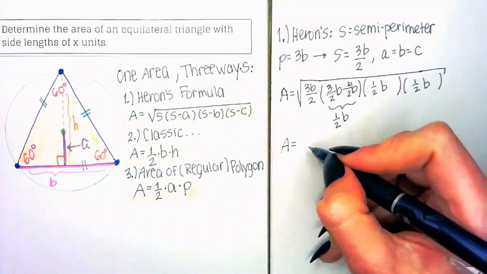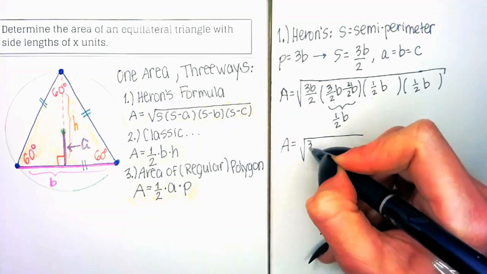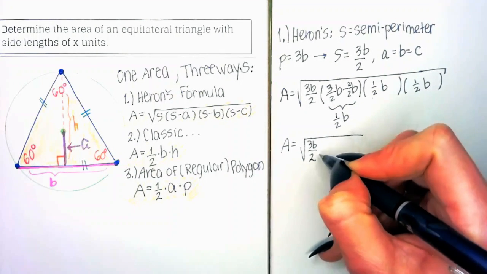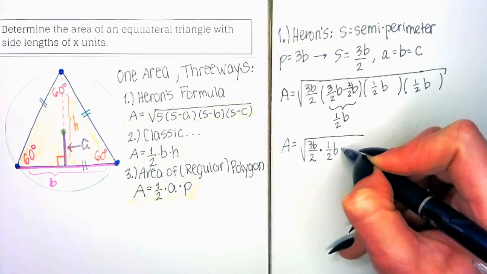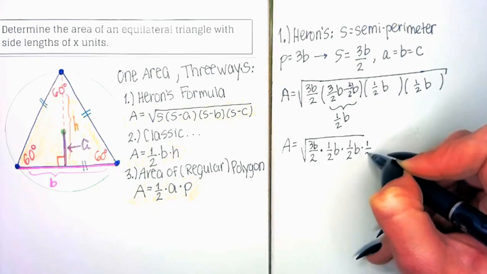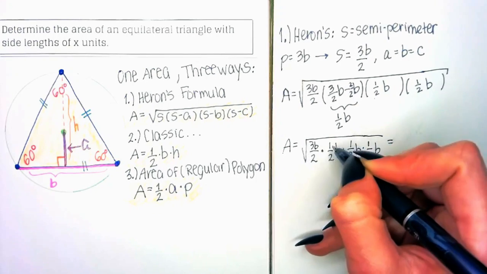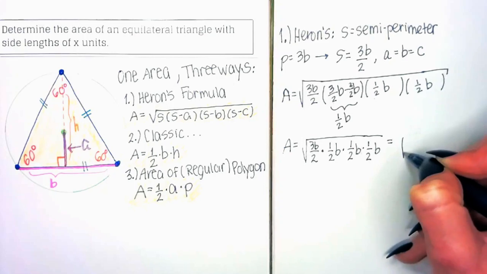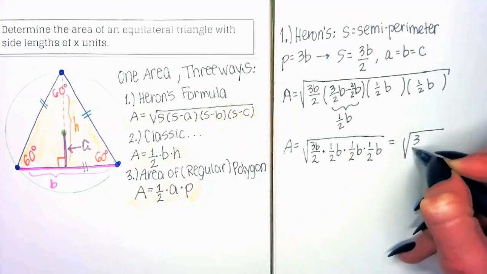So area equals the square root of 3B over 2 times 1 over 2B, 1 over 2B, 1 over 2B. 3, 1, 1, 1. 2 times 2 times 2 times 2.